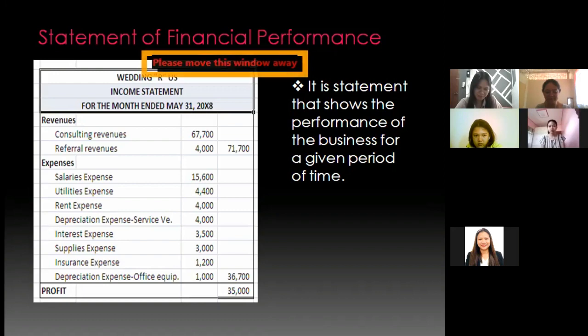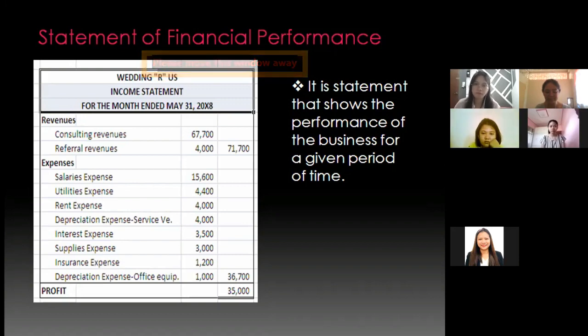So statement of financial performance, it is a statement that shows the performance of the business for a given period of time. So, yung nakikita niyo dyan ay isang example ng statement of financial performance o income statement. Ganyan yung format sa pag-prepare ng income statement. Una na yung revenues or sales unless all the expenses para makuha yung profit.